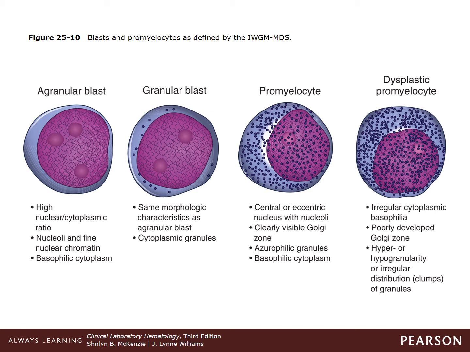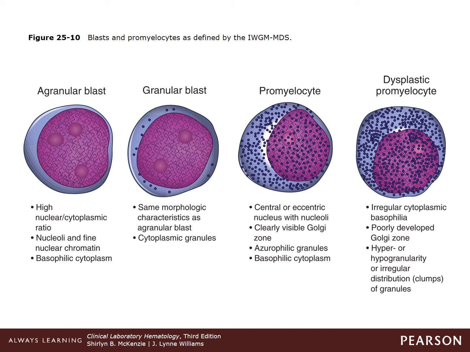Correctly identifying blasts and the type and degree of dysplasia is important in MDS because these characteristics are the basis of classifying the subtypes within this umbrella of conditions. So there was an international working group for morphology in MDS that developed criteria that redefined the myeloblast morphology.